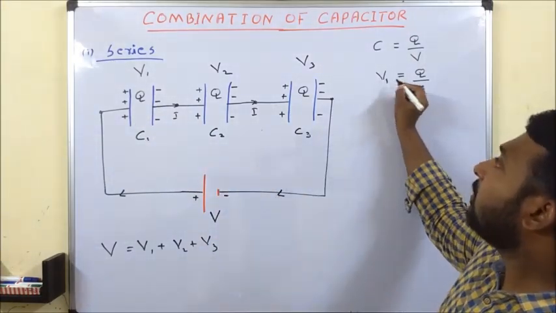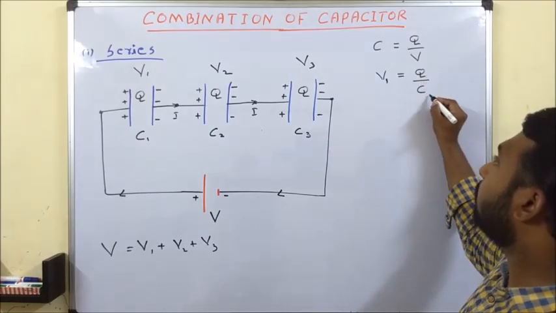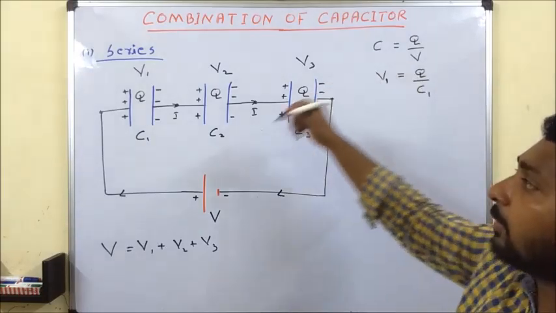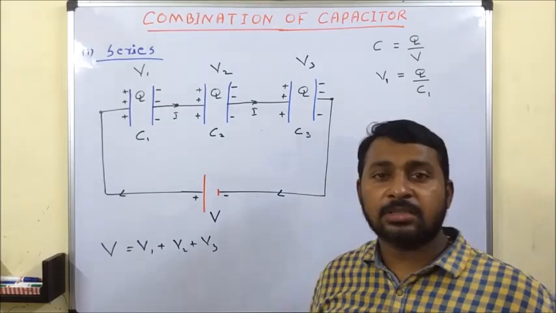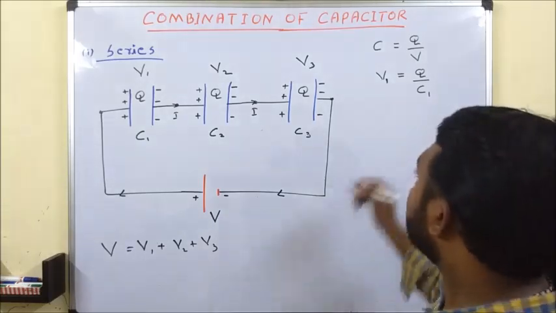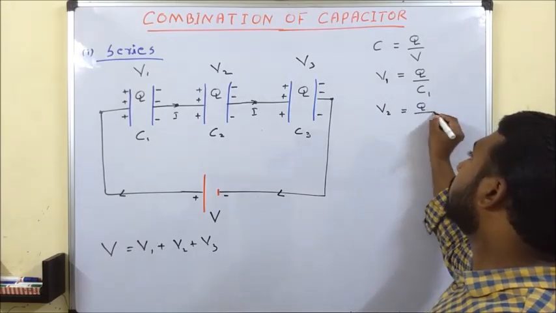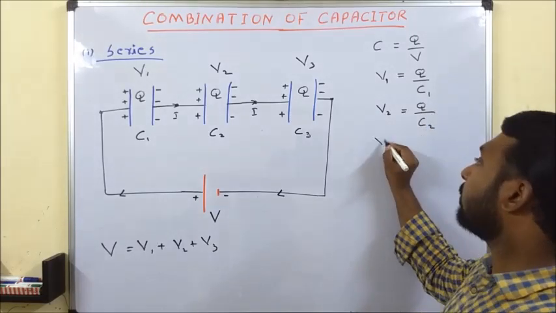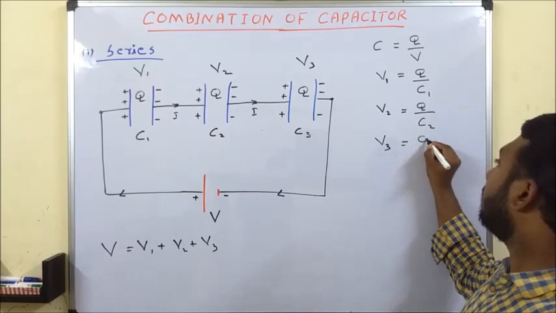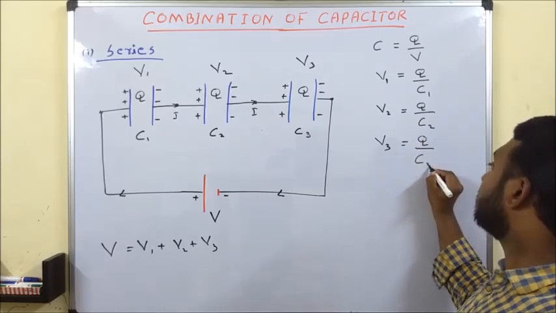That is V1 is equal to Q by C1. I am not writing Q1 because all the capacitors have the same charge Q. Similarly, V2 will be Q by C2. What about V3? It will be Q by C3.